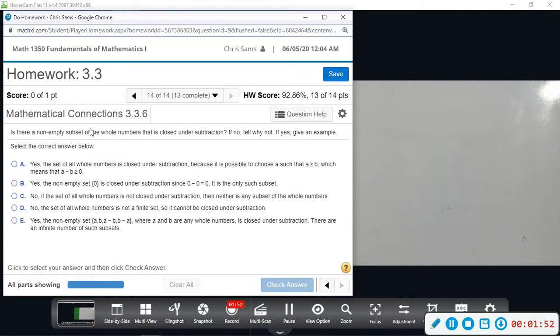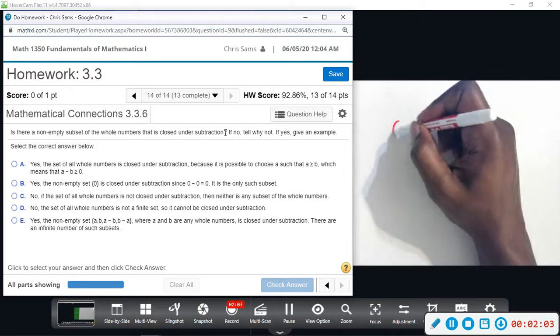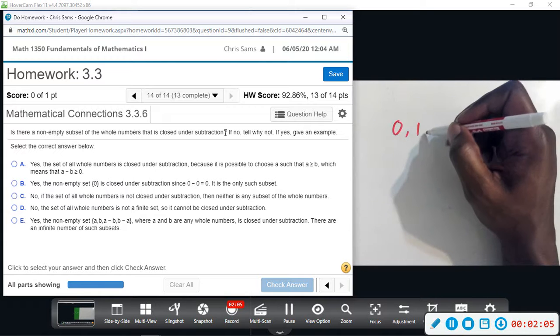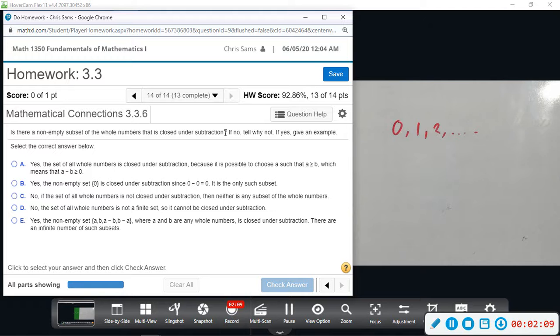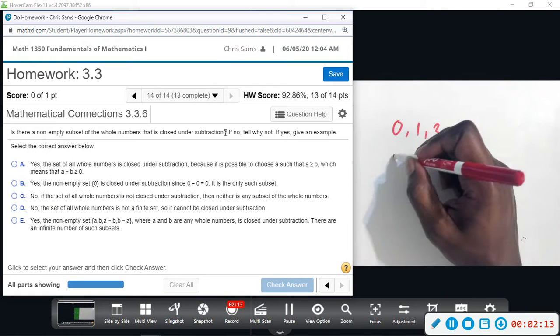Okay, and then 14, is there a non-empty set of whole numbers that's closed under subtraction? Okay, so whole numbers are the numbers 0, 1, 2, and so on. If you pick any number, let's say this one number, 1.